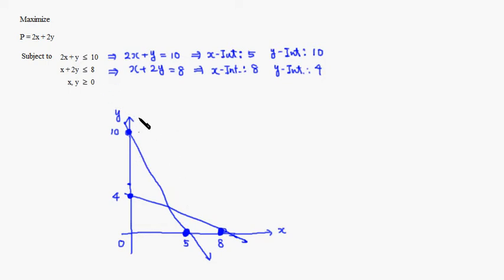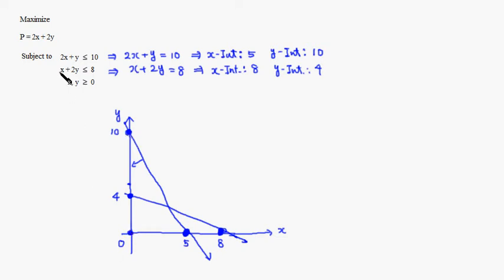Then we also have to choose the correct sides. For the first one, I'm going to look at 0, 0 and plug it into the first inequality. 2 times 0 plus 0 is 0, which is less than or equal to 10. So we have to pick the half plane that contains the origin.